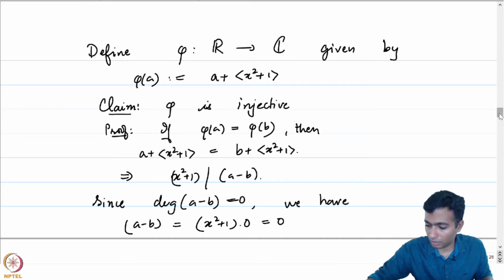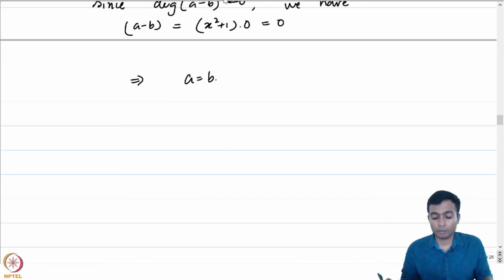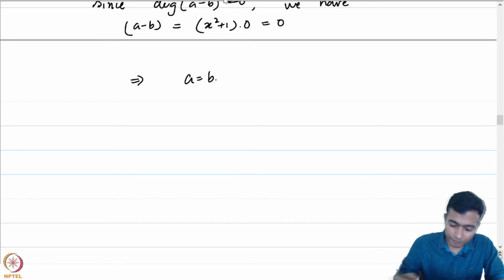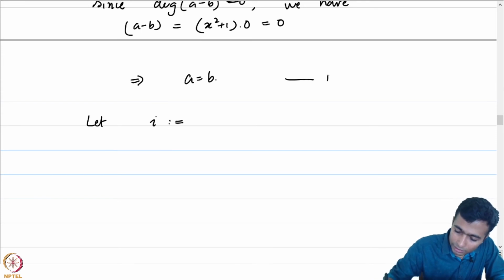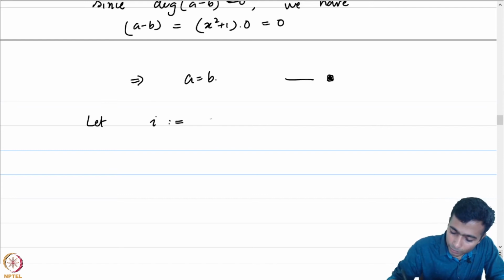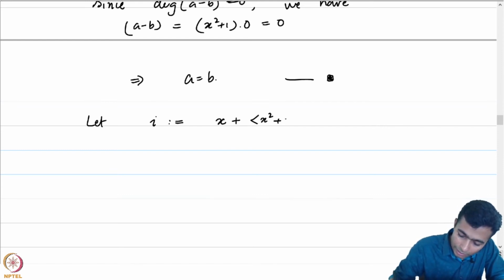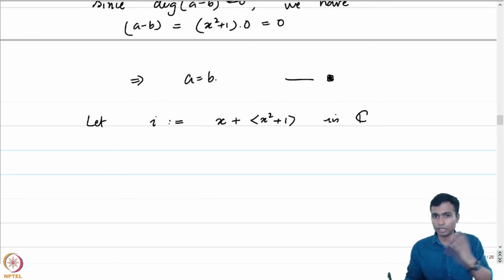So that's one aspect of the definition solved, and my claim is now that we can get hold of a root of x square plus 1 in this particular commutative ring. So let I be defined to be equal to the coset represented by x in C. Recall that C is R of x mod x square plus 1.